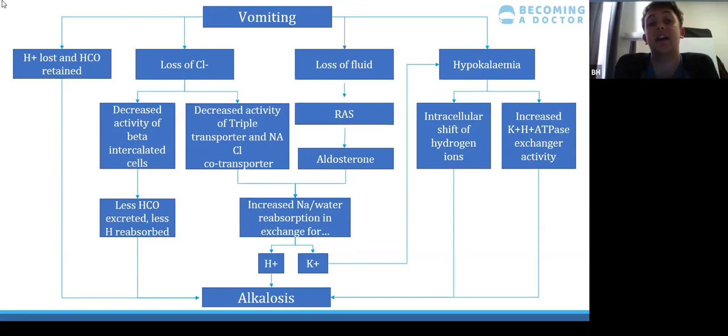So you get sodium exchange, another transporter, which exchanges sodium for hydrogen ions. So because we've got a loss of fluid, and thus we get high aldosterone, we get exchange of sodium for potassium, which causes hypokalemia, and we also get sodium exchange for hydrogen ions, which again worsens your alkalosis. Okay? I know it's quite complex, but I think it's important.